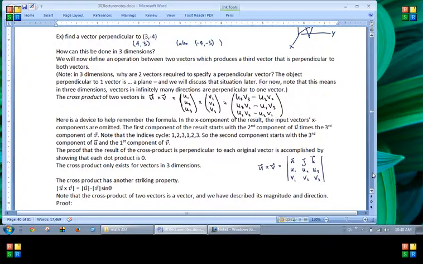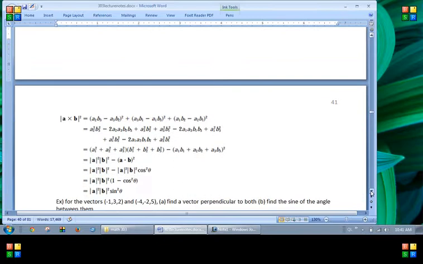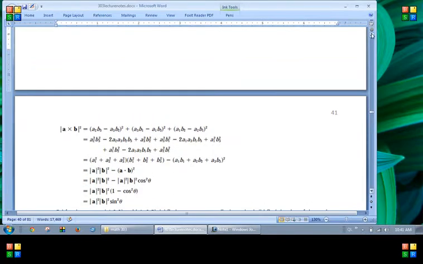For your mathematical enrichment, I have here a proof of this last formula, the fact that the magnitude of the cross product is just magnitude of u times magnitude of v times sine theta. It actually involves using the dot product.